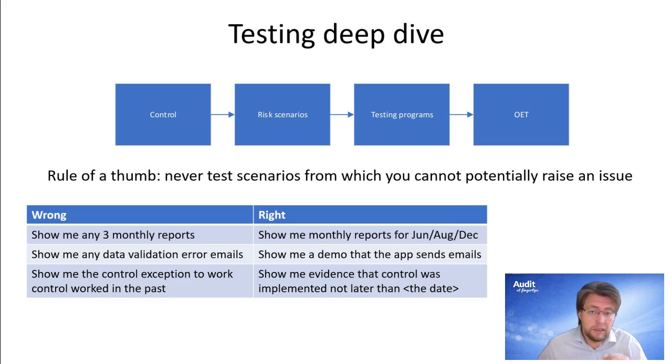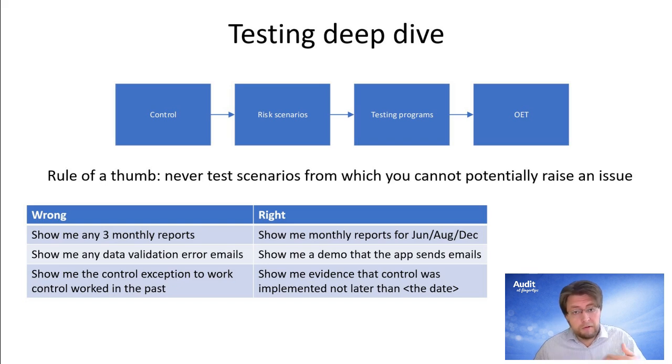And here are 3 examples. For instance, a wrong test: show me any 3 monthly reports. This test can only demonstrate that monthly reports are prepared. If 3 monthly reports are shown to you, you can say, okay, fine, there are 3 reports, but you cannot raise an issue from that, because you cannot identify the cases where there was no report.